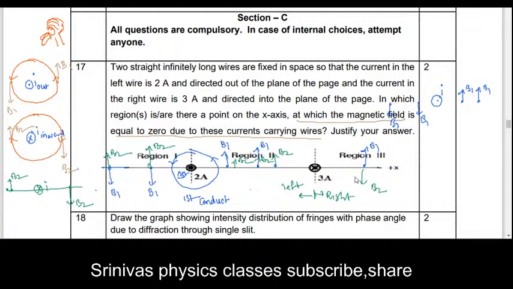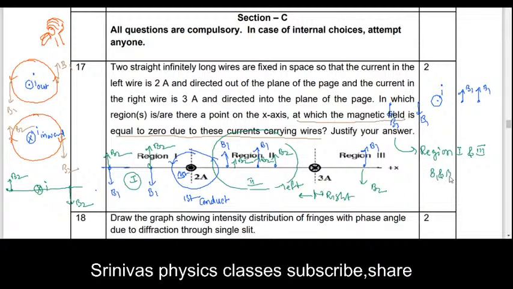You see for the second conductor, in which region are we getting the opposite field? This is region 1, this is region 2, and this is region 3. In region 1 and 3 the fields are opposite.